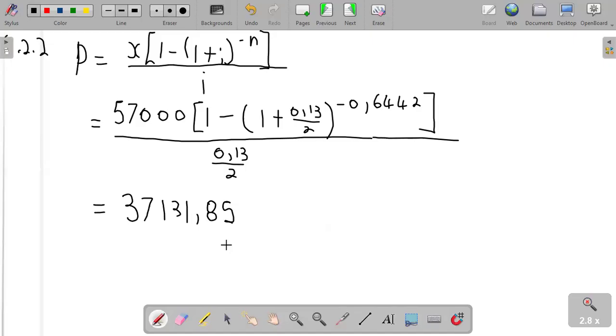Oh no, I used the wrong number here. I substituted wrong numbers there. So the true value here should be 84,865.59.